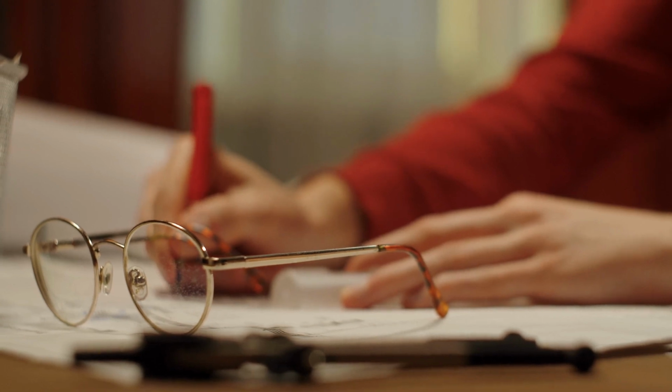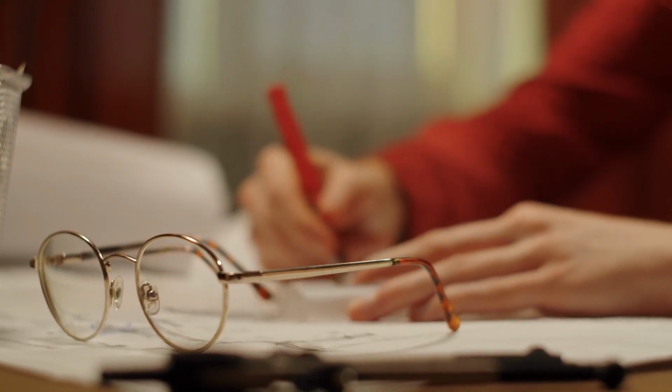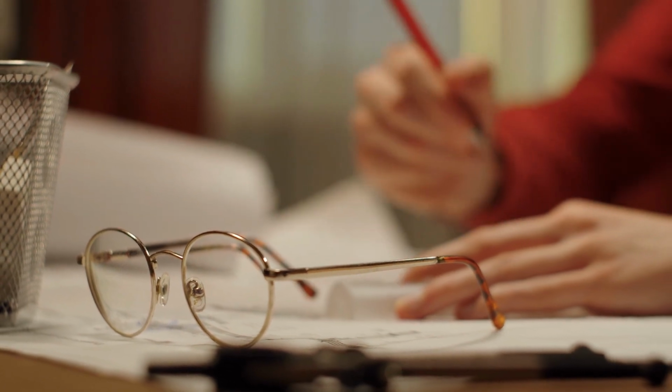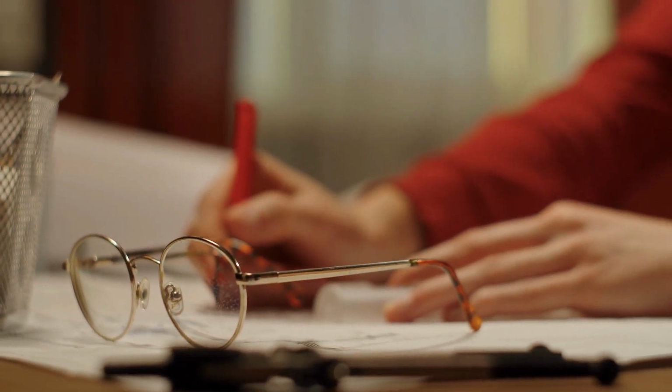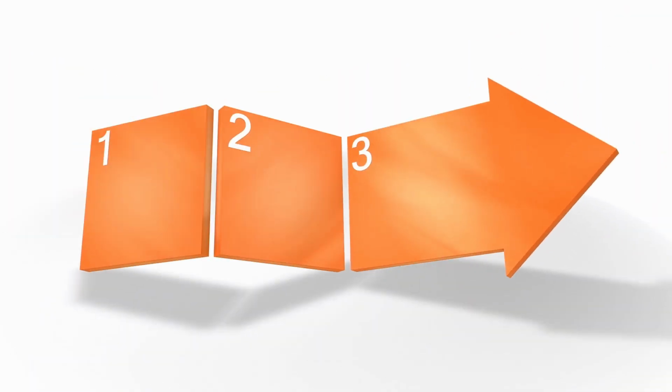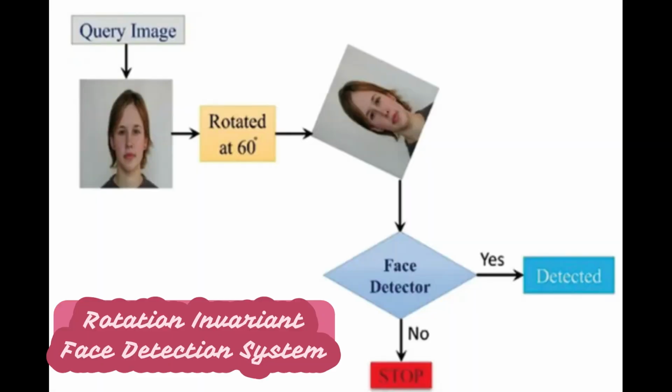After that, we will plan the code architecture. This is the most important step. Do not just start coding all of a sudden. Spend some time planning the architecture of your code. Here we can break down the problem into smaller steps. So in my case, when I was working on the face detection system, we need a rotation invariant face detection system.